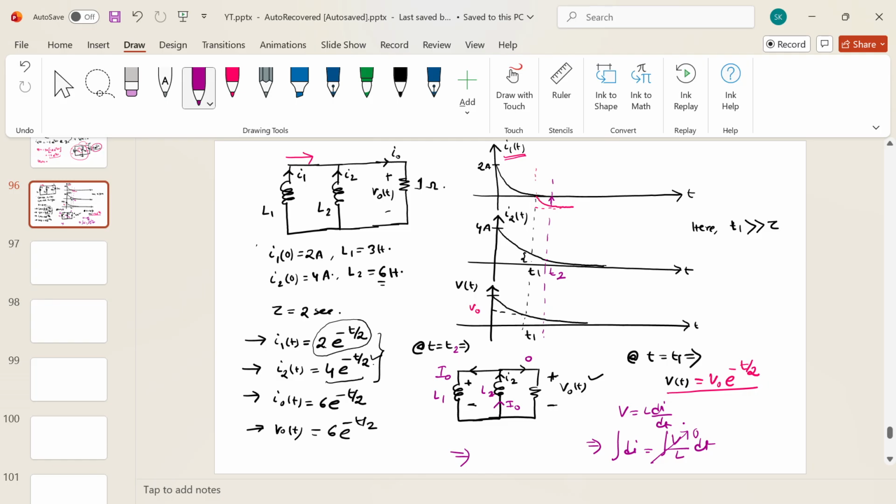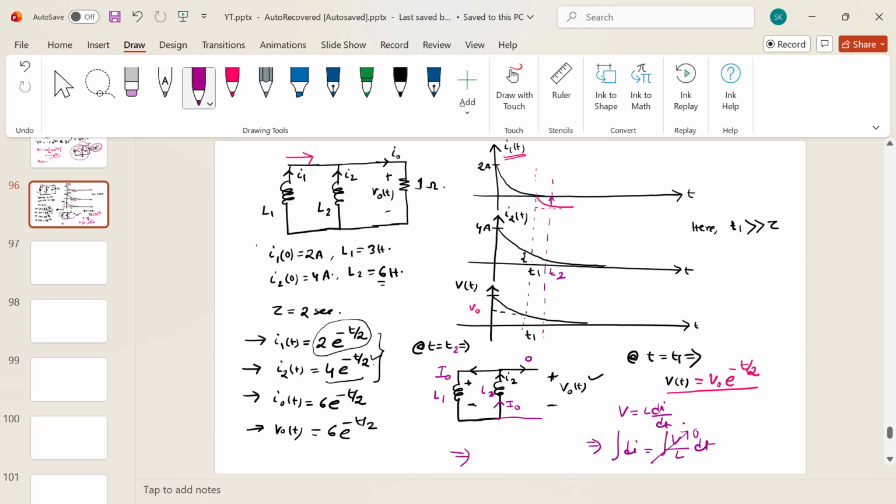This circuit is now behaving as a short circuit, because zero voltage means no current is flowing. No current simply means you can also represent it as an open circuit, not short circuit. That is actually your choice. Now this I naught current will flow through L1 and L2.